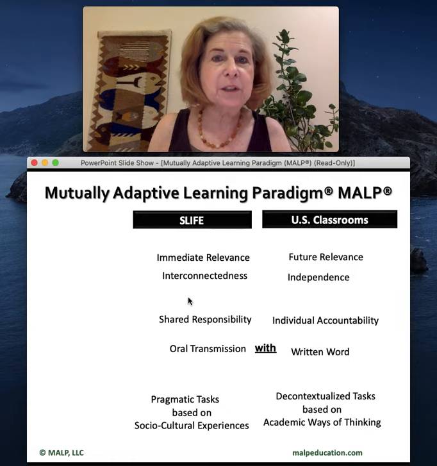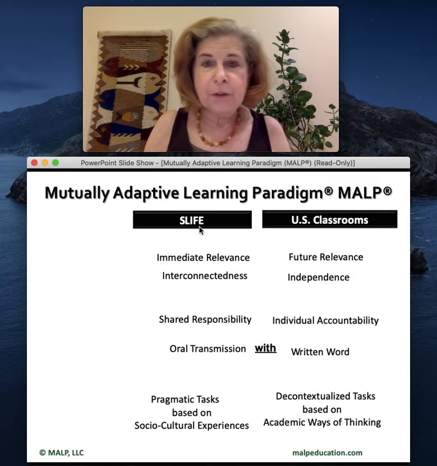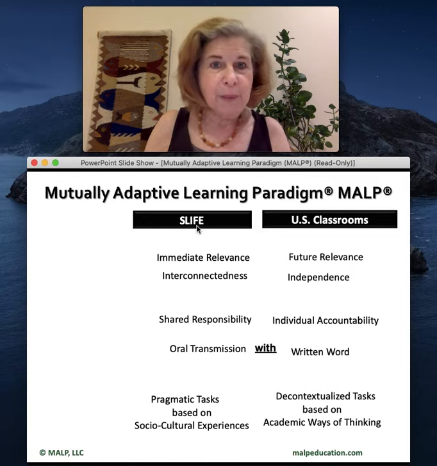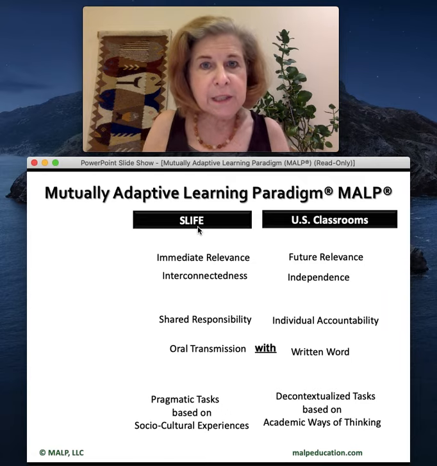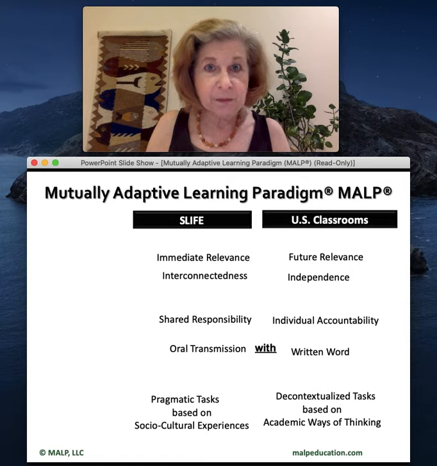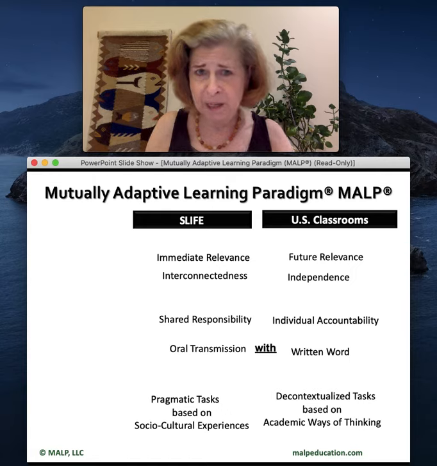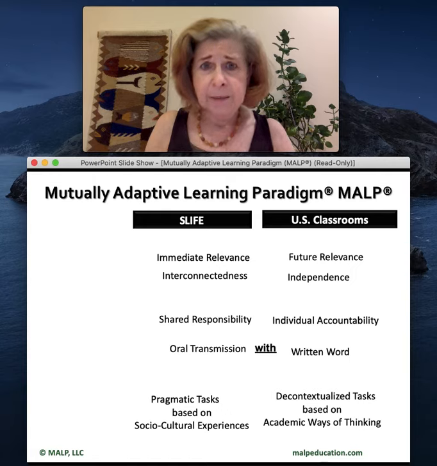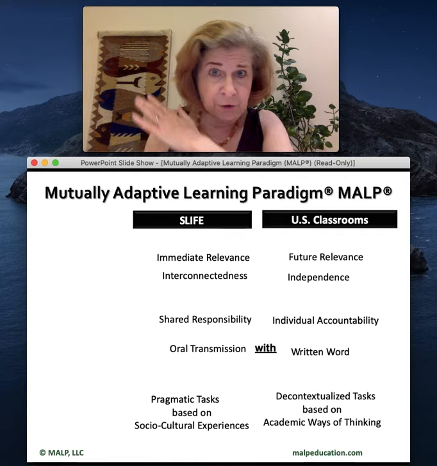So now we're going to look at MALP. These are the three components of MALP. So what do we do when we have MALP? Well, what we're going to do is take elements from each side, but we have to think what to take, what makes sense. Now, remember, the intercultural communication framework is still our underlying theory of everything, right?